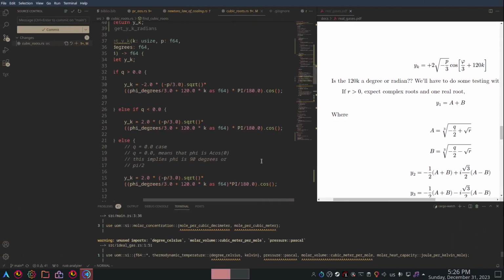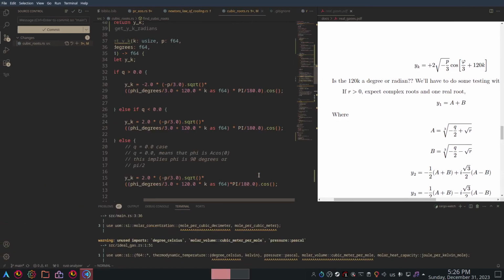Okay, so I checked with Perry's Chemical Engineering Handbook. It seems that the formula was copied over correctly, but there's this last point of discrepancy which I see here, the 120K degree. Is this in degrees or radians?